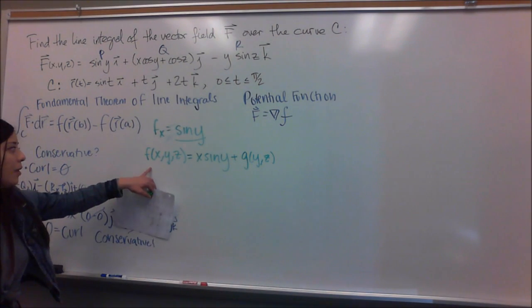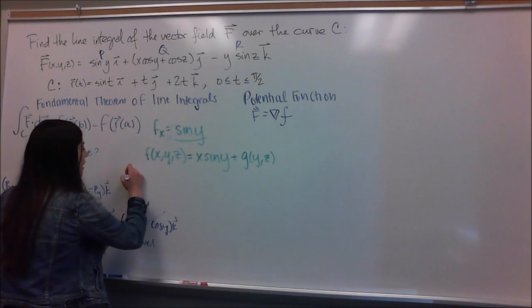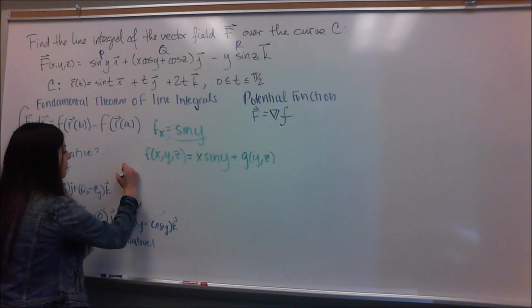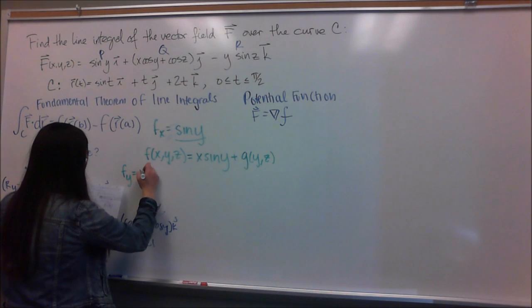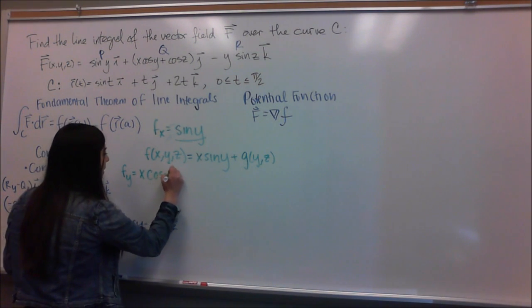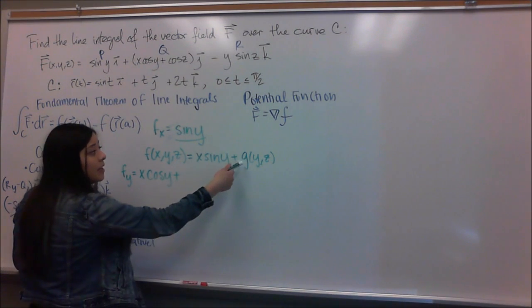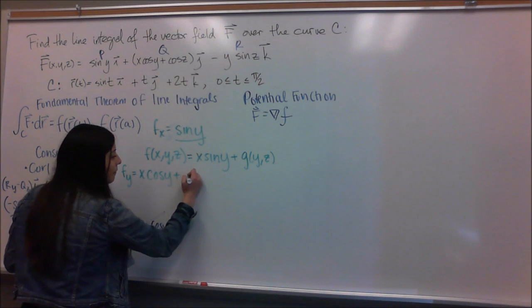Now we want to find the partial with respect to y, so we can try and solve the unknown. The partial with respect to y is going to be x cosine y plus the partial of g of y and z with respect to y as well.